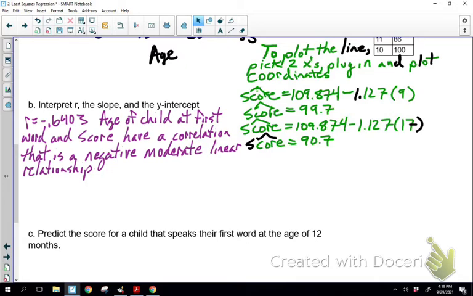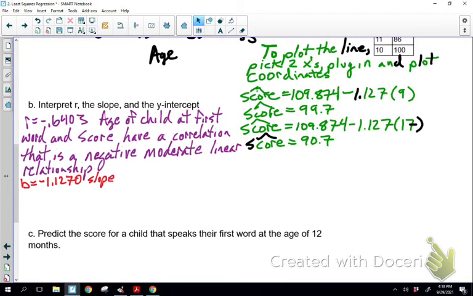All right, hopefully that was review. And then let's do B, which is our slope. Let me change colors so it stands out. So that was negative 1.127, and that's our slope. And you already know about slope from Algebra 1. It's rise over run.